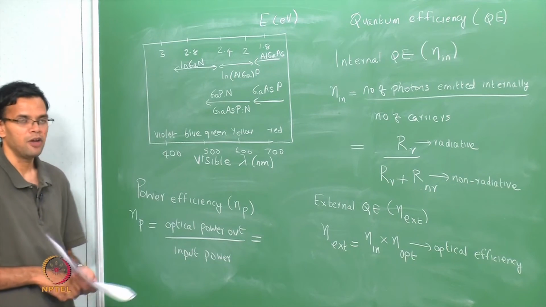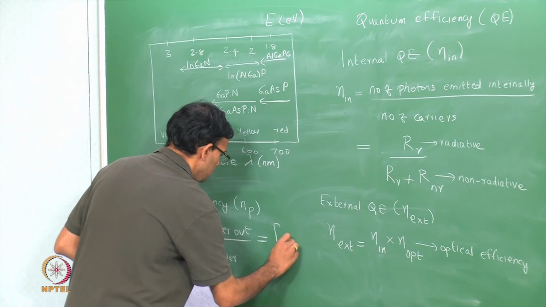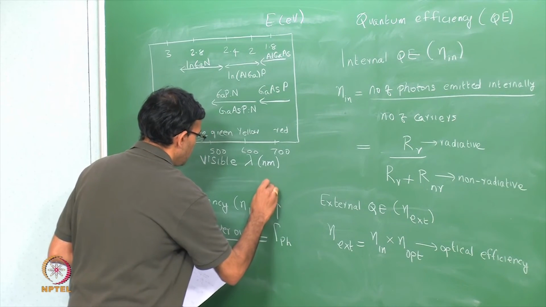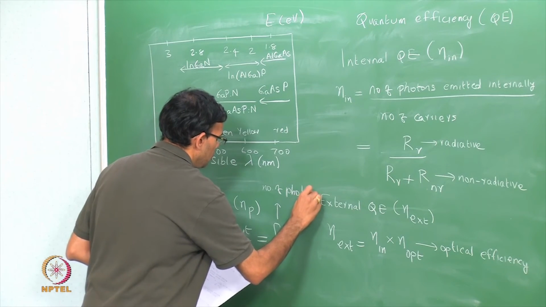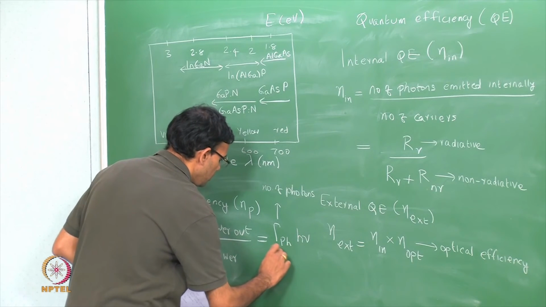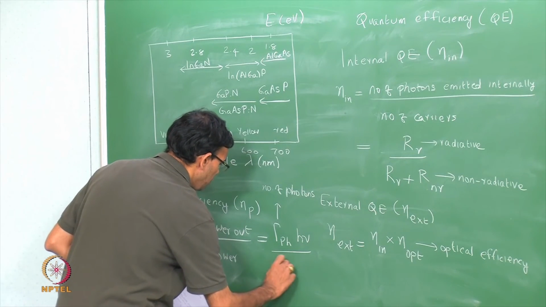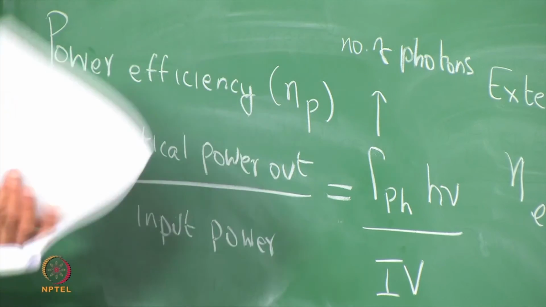The optical power output is nothing but the number of photons times the energy h nu, divided by the input power, which is usually just I V.